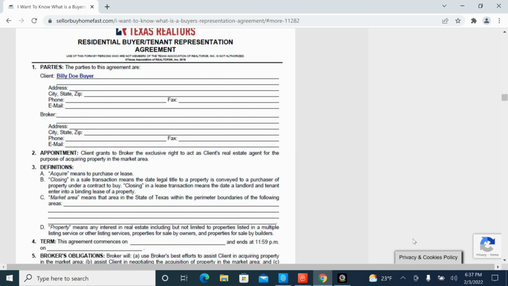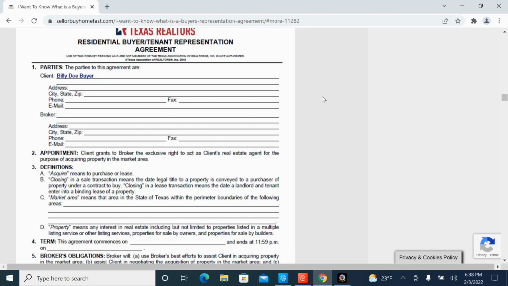I'm a realtor out of Dallas, Texas, and today we are going to review the residential buyer/tenant representation agreement. Now, if you have ever decided to buy a property, typically you will call around, try to contact a realtor, and tell the realtor your specifications on what you want to buy.